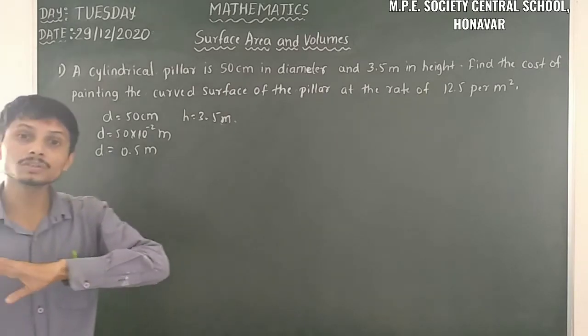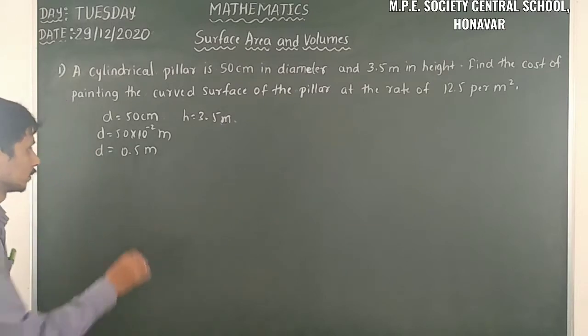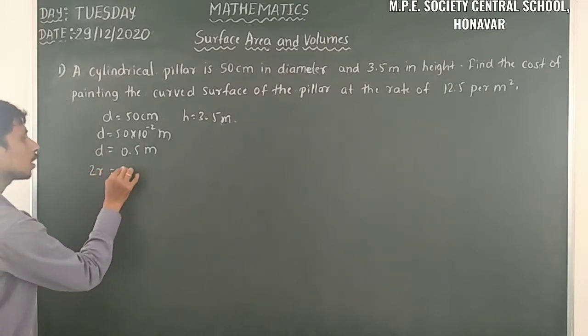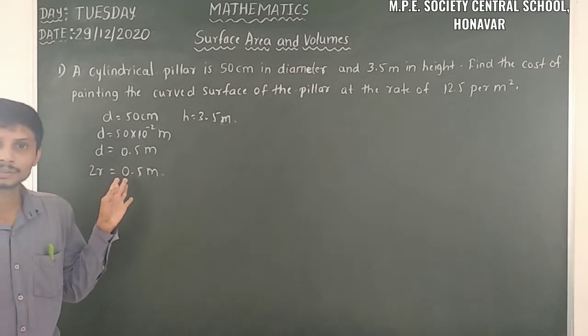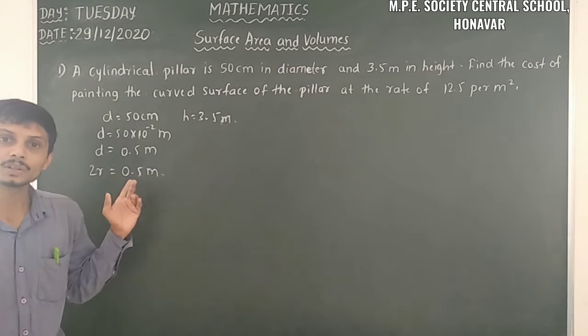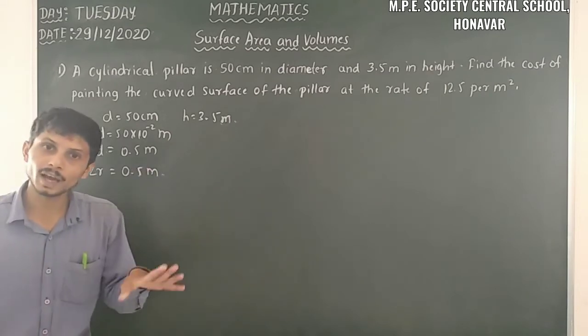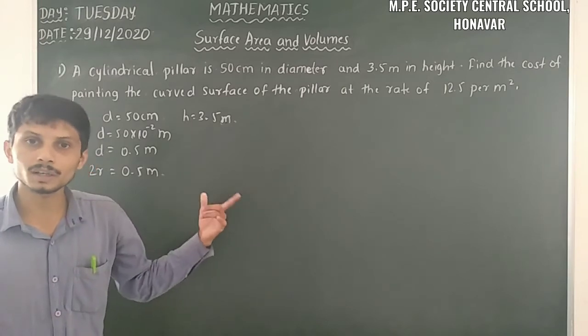d is also known as 2r, 2 times of r. So 2r is equal to 0.5 meter. It remains as it is, so there is no need to again take the value of r. In the curved surface area we have only the 2r term, so you can insert the value of 2r directly.